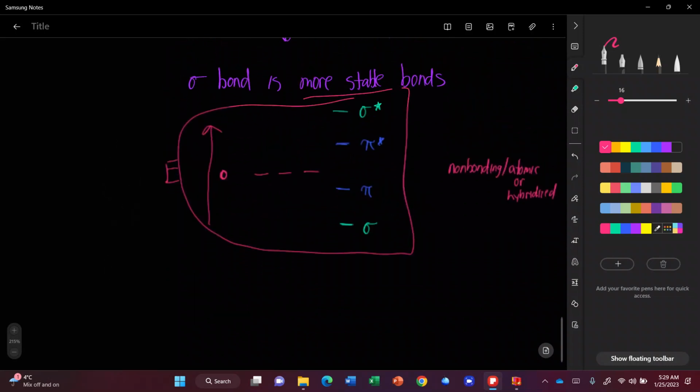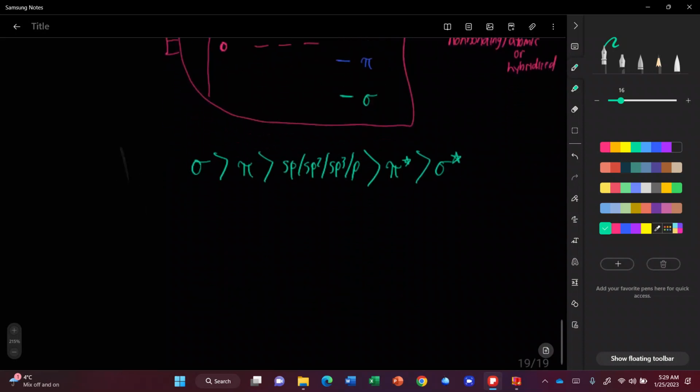From most stable to least stable, it goes sigma, which is more stable than pi, which is more stable than sp, sp2, sp3, or p, which is more stable than pi star, which is more stable than sigma star. I want you to just be good at recognizing that order. Once you know that order, it's really easy to look at a molecule and figure out what its HOMO and LUMO would be.